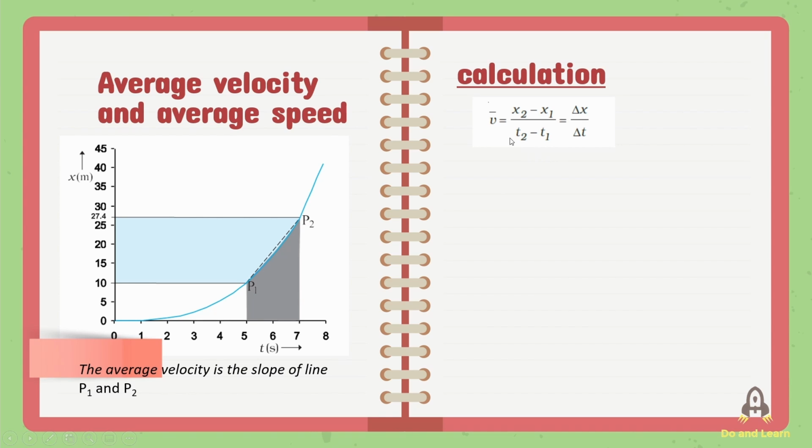I already showed you this mathematical expression: x2 minus x1 over t2 minus t1. Let us consider the object is moving. This is a graphical representation of the object motion, a position and time graph. Look at this x, which denotes position.